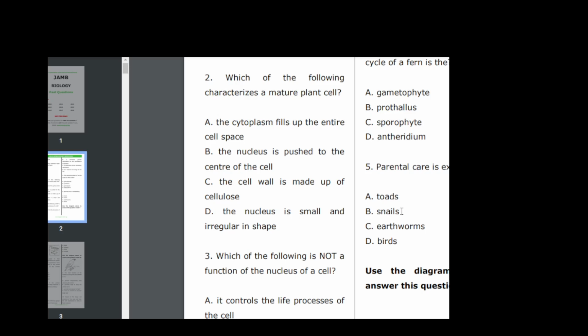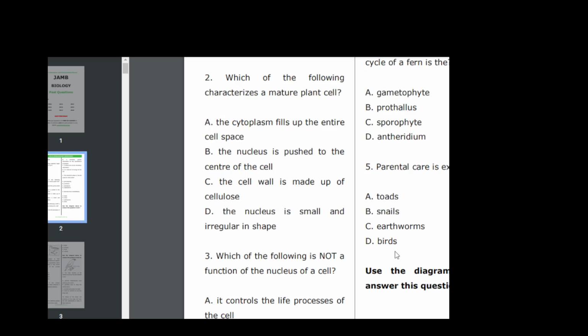Once the eggs are laid and they hatch, that is where the parental care ends. Earthworms as well, when the offspring are born, they leave the mother. The only organism here that exhibits parental care are the birds.